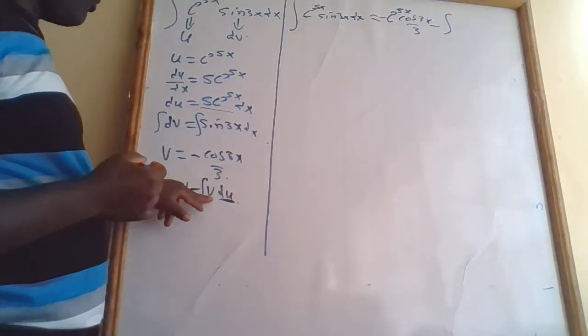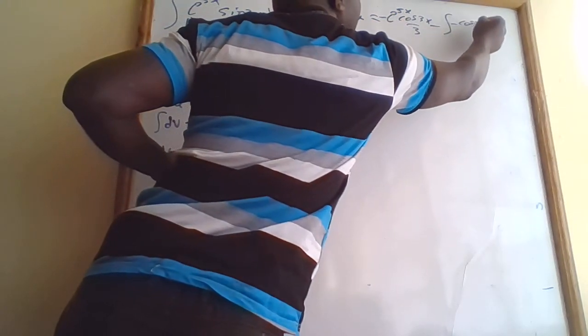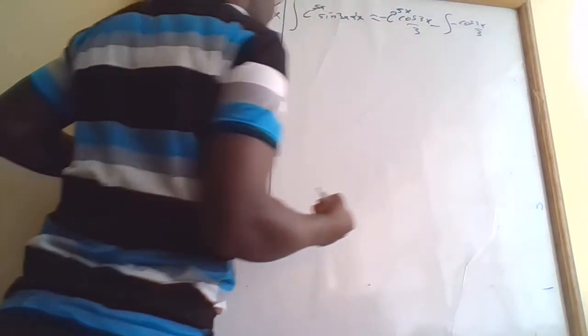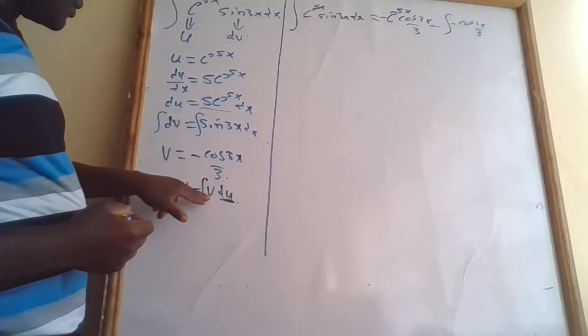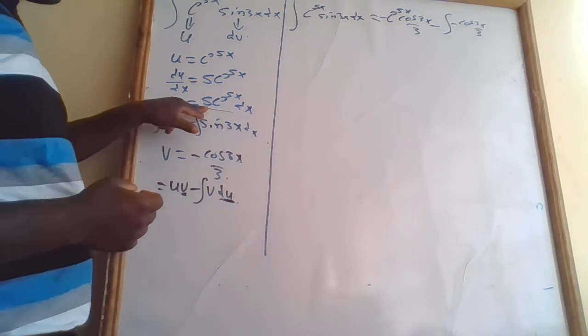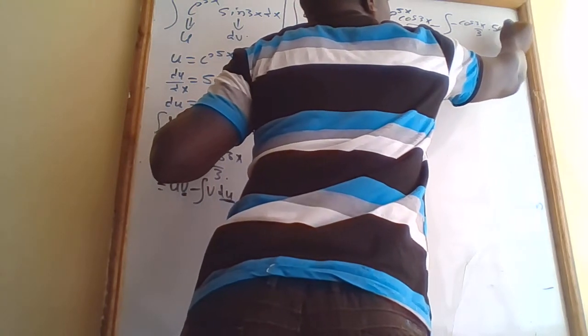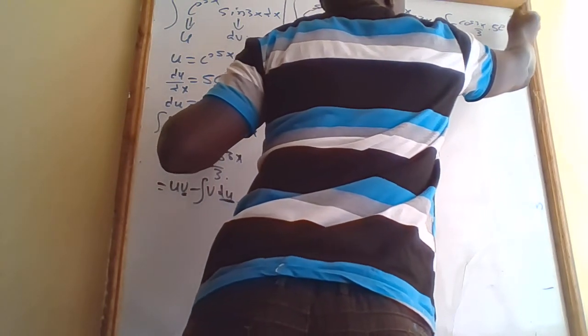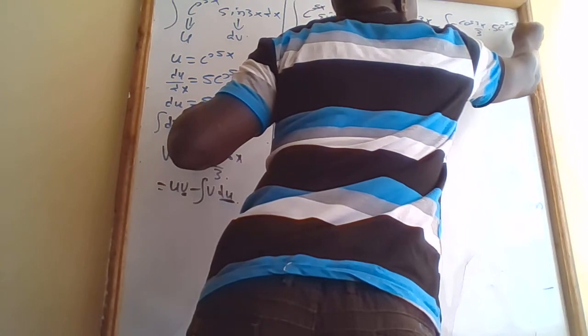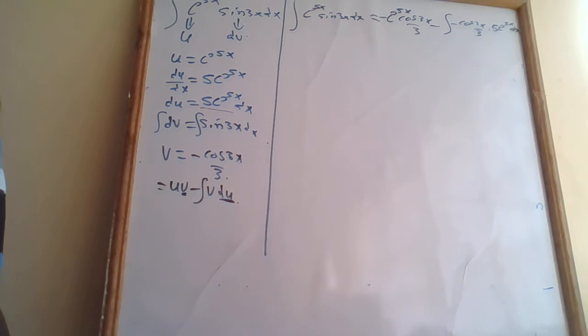Now the integral of v, our v is minus cos 3x all over 3. Then we are through with the v, then our du is 5e^(5x) dx.